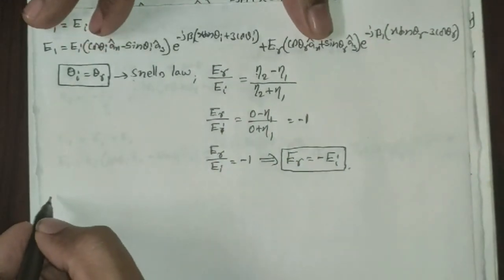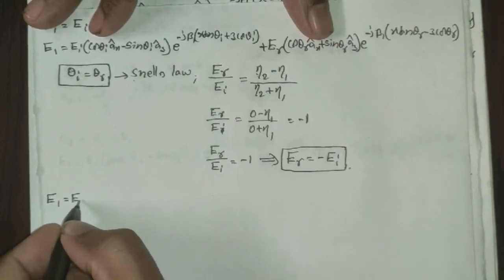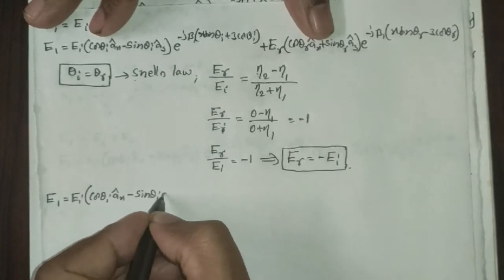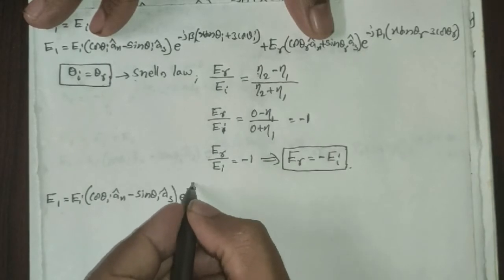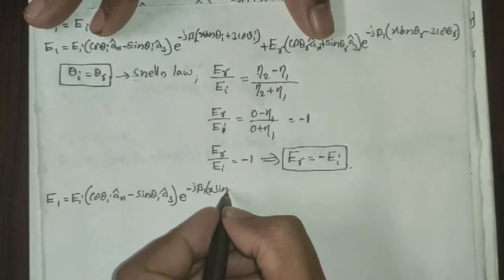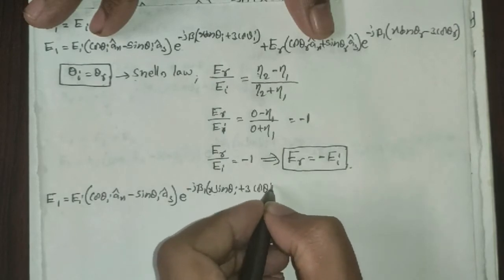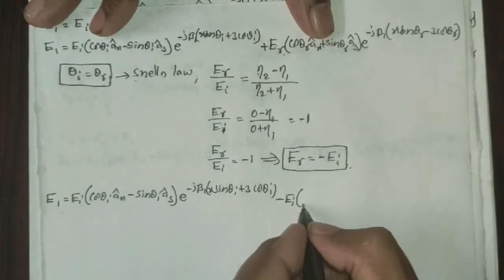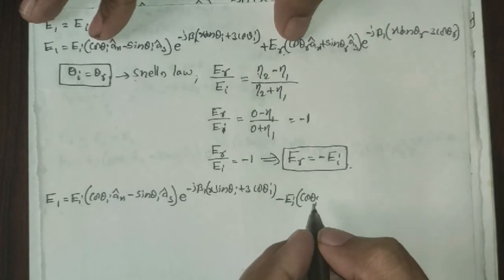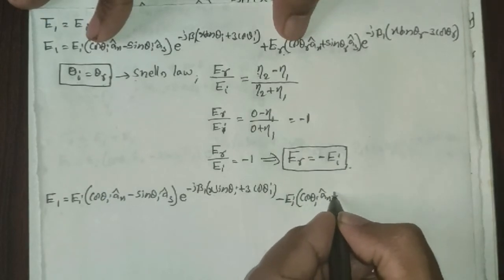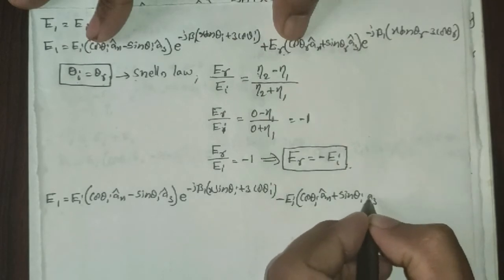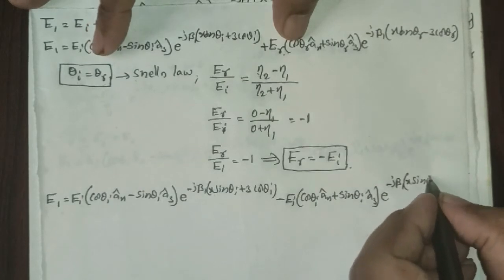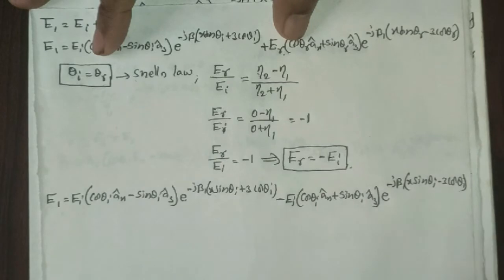Then what happens is that the total electric field equals EI into cos theta I into AX cap minus sin theta I into AZ cap into e to the power of minus j beta 1 into x sin theta I plus z cos theta I. Since ER is nothing but minus EI, so minus EI into cos theta I, since theta R is nothing but theta I, cos theta I into AX cap plus sin theta I into AZ cap into e to the power of minus j beta 1 into x sin theta I minus z cos theta I. Okay.